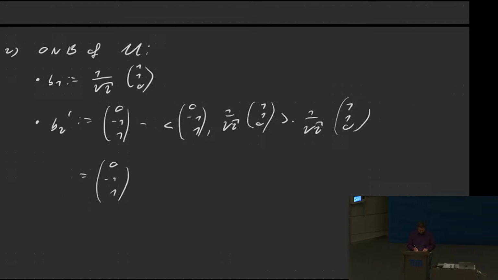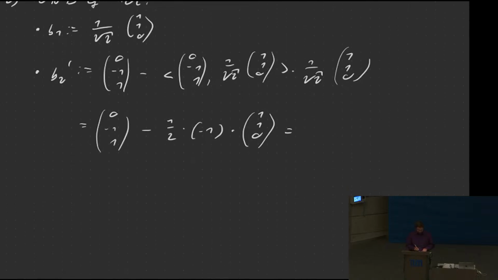Okay, so what we have here is, we take out that factor 1 over the square root of 2, and combine those two so we get 1/2. Then the scalar product of those two vectors is 0 times 1, minus 1 times 1, that's minus 1, and another 0, so it's minus 1, times this (1, 1, 0) vector.